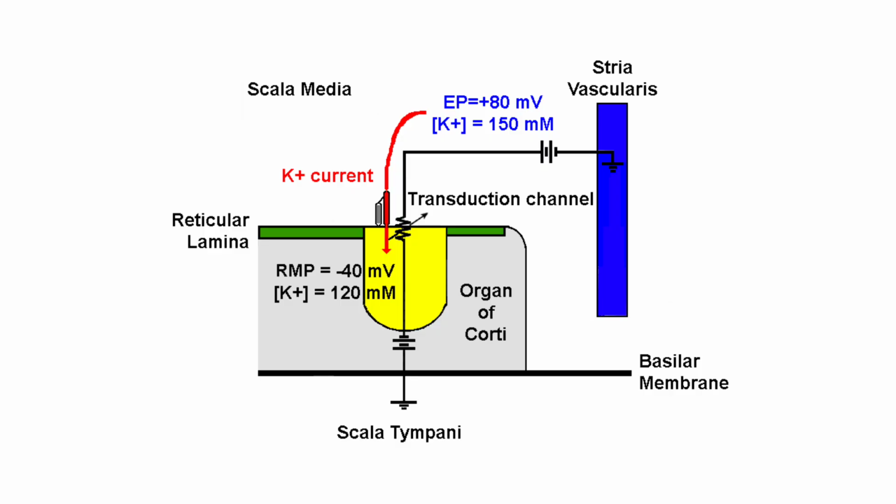So the potential difference is 80 millivolt minus -60 millivolt, that is 80 plus 60, around 140 millivolt. So a large electrical gradient is there that favors the cation influx, especially potassium, through these transduction channels, and that's why there will be depolarization and generation of action potential.